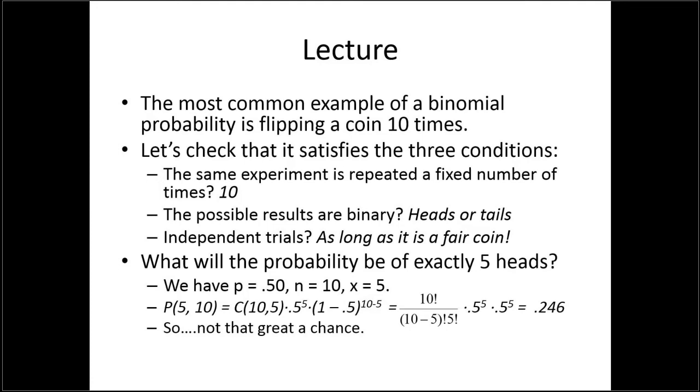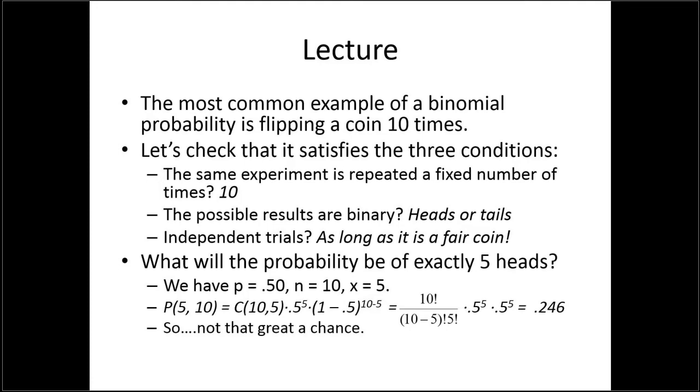So the probability of getting 5 heads given 10 tosses is the combination of 10, 5 times, again, the probability of a certain outcome. The probability of either outcome is 50%, and we're saying it's going to happen 5 times, so it's 50% to the 5th power times the complement, which is 1 minus 50% to the n minus x power, which is the 10 minus 5th power.